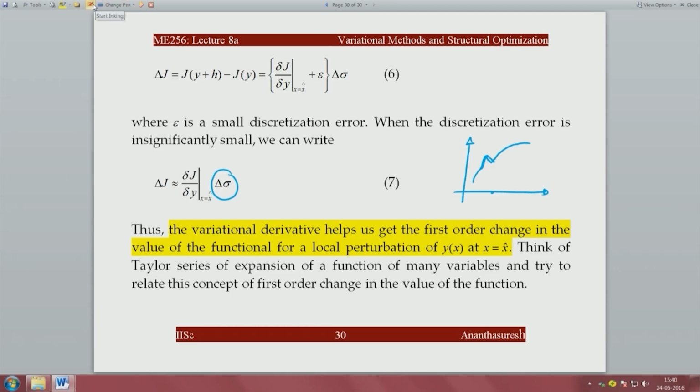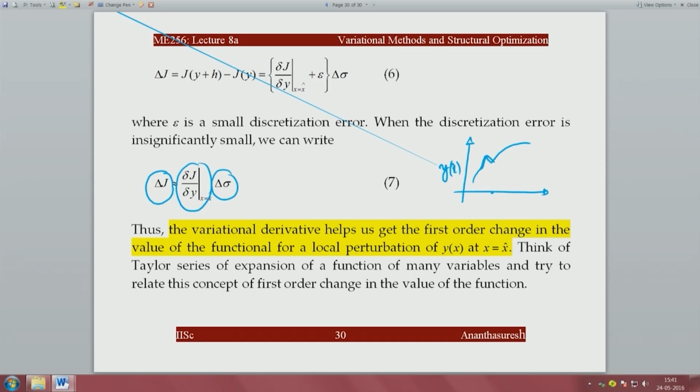By the way, this is our y of x, and this is our x. When I pinch it at a particular point, that area is delta sigma, and that multiplied by the variational derivative will give me the change in the functional itself. So, this also helps us derive what we call the Euler-Lagrange equations, but this one is the variational derivative.